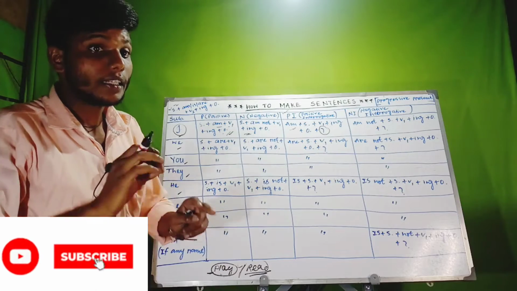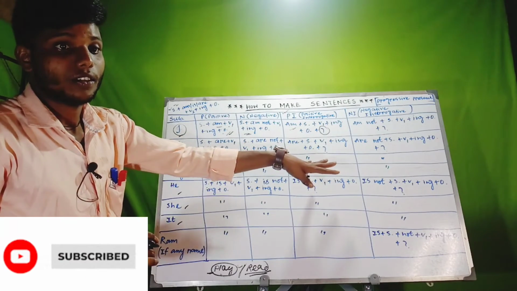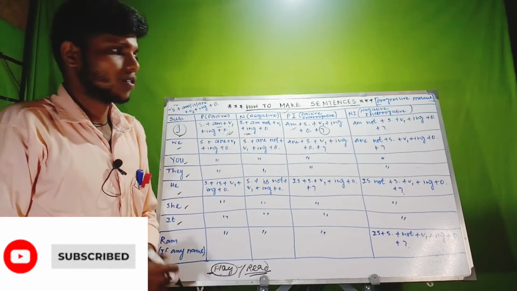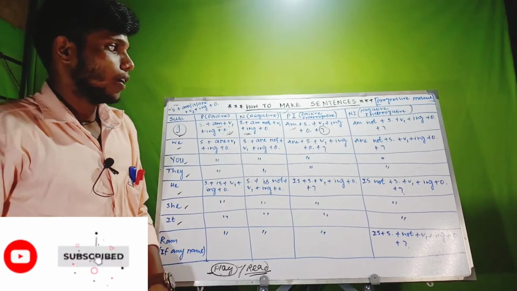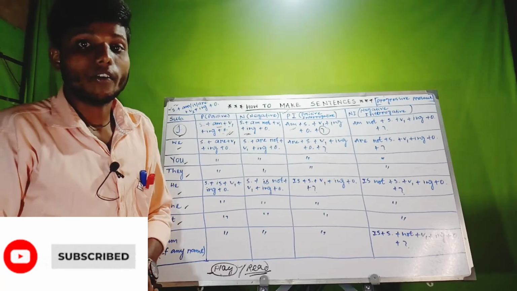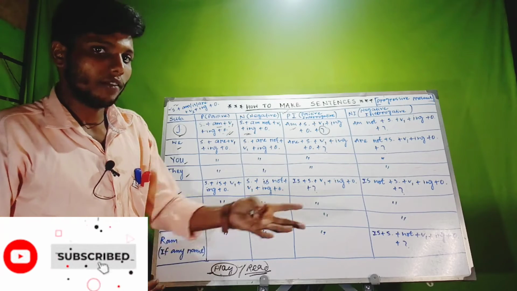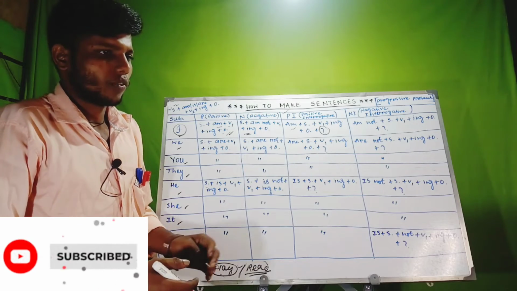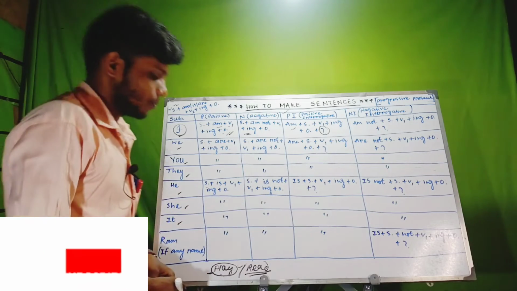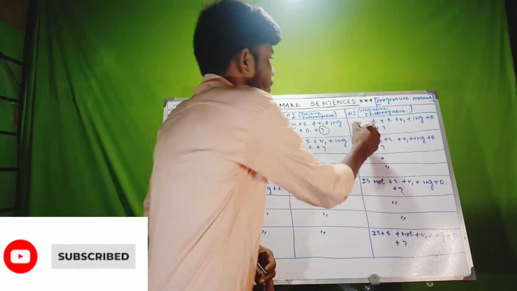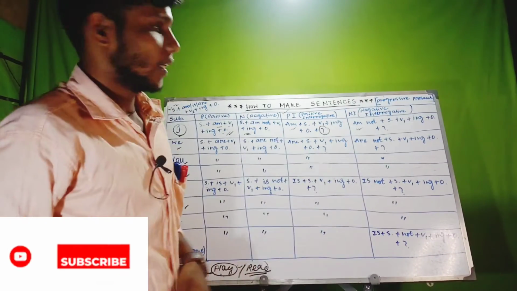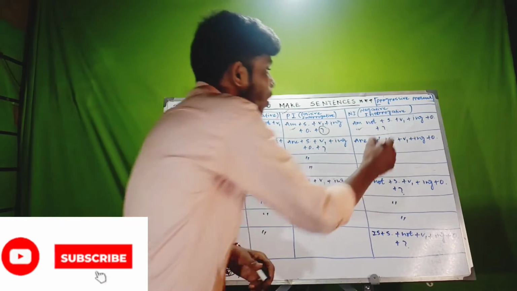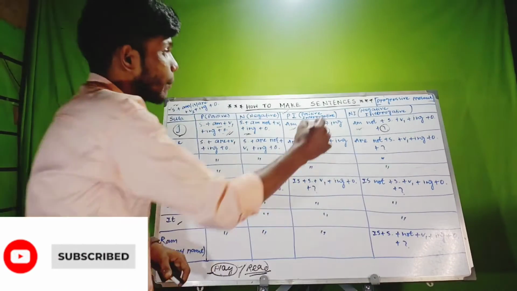If I extend this sentence, am I reading a novel? Am I reading a story? Am I reading a book? Am I reading a magazine, etc. The structure is am plus subject plus V1 plus ing plus object plus question mark. This is the main thing.